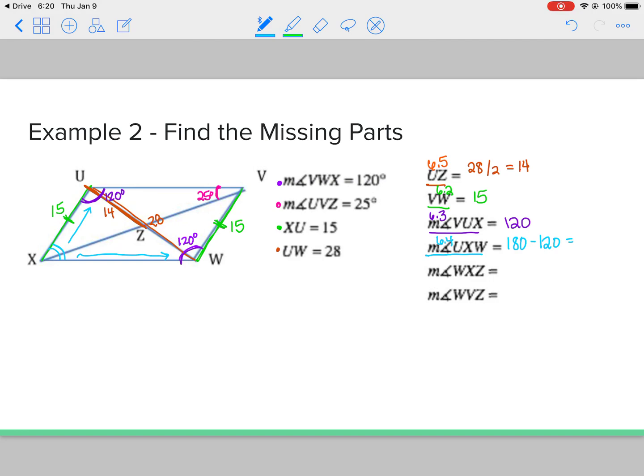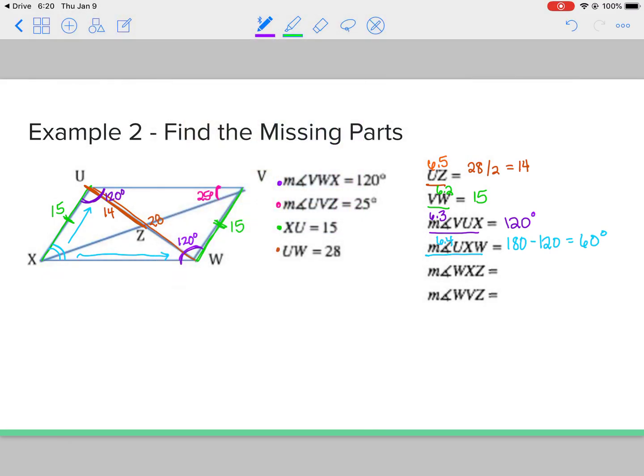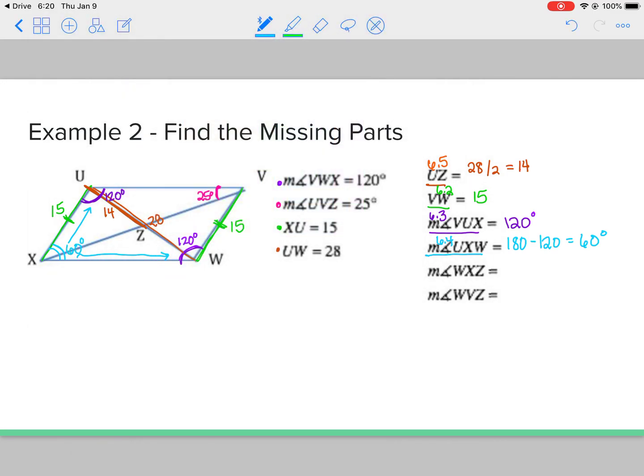And we would find that the measure of angle UXW is 60 degrees. So now we have that piece of information, that angle UXW is 60 degrees.